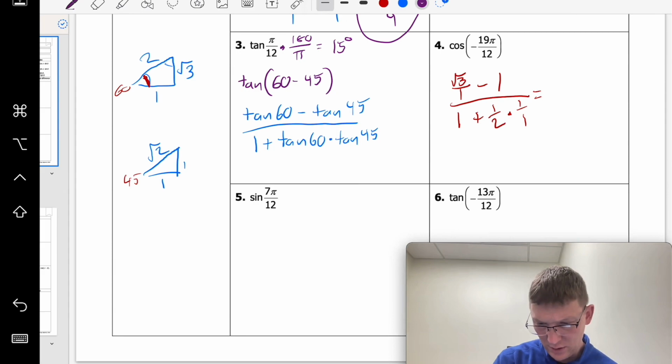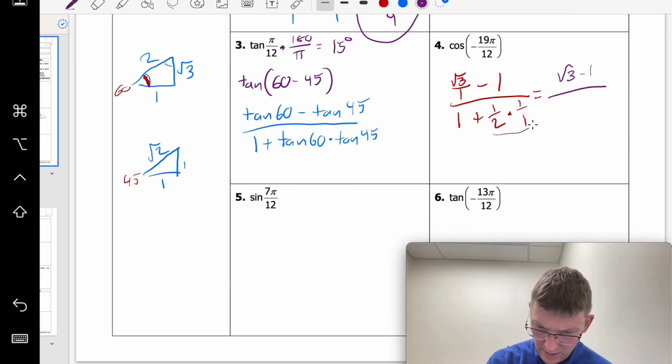This is going to be square root of 3 minus 1 over 1, so I don't really have to write that. Divided by, this is just 1/2. 1 plus 1/2 is going to be 3 over half. Oh, that's 3 over 2. Should be 3 over 2, 3 halves.